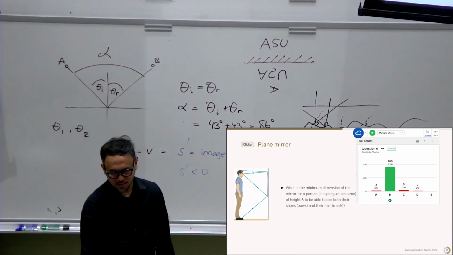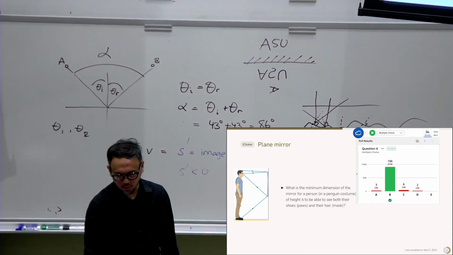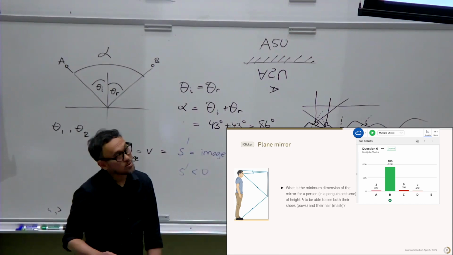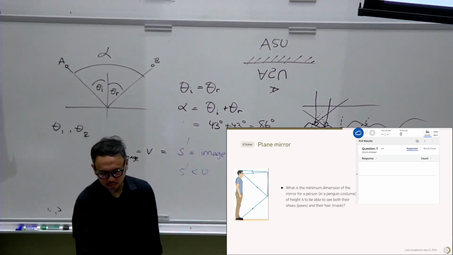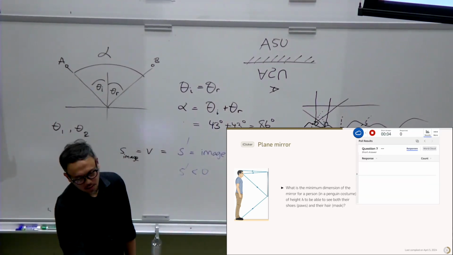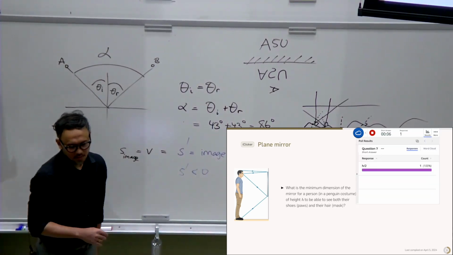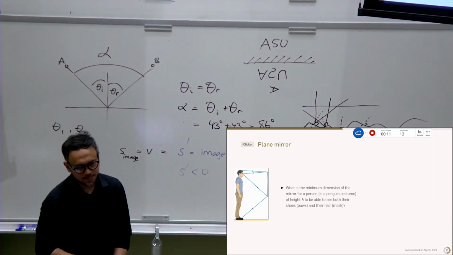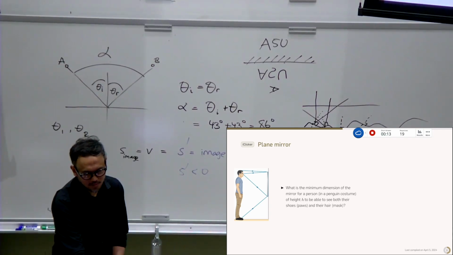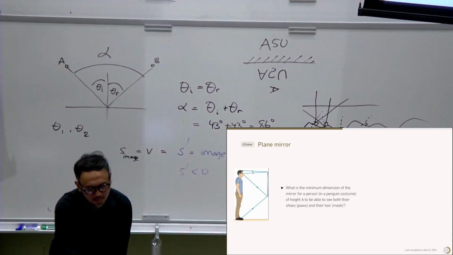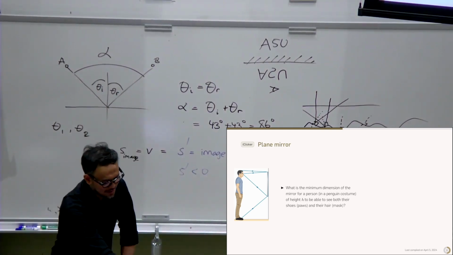Okay. So, and then I need to switch to essay, short answer. Okay. So the height of the person is h. Maybe this one would.